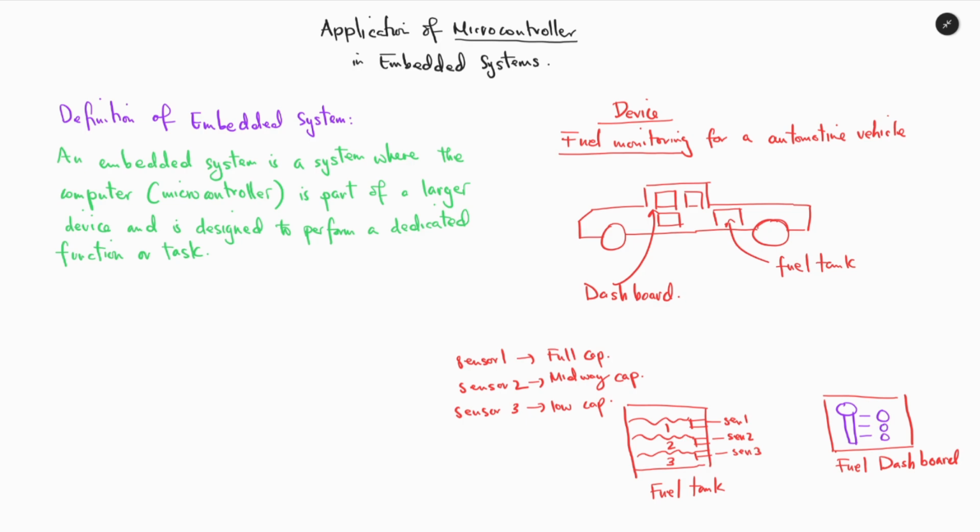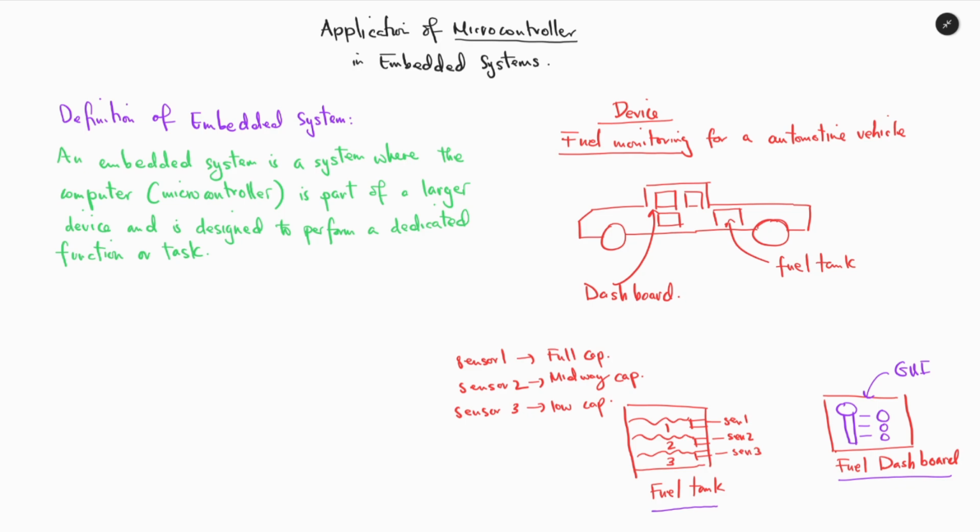This type of dashboard is known as the graphical user interface. It will provide the person driving the vehicle some graphical view of the volume of the fuel inside the tank. And we have the fuel tank and we have the dashboard.